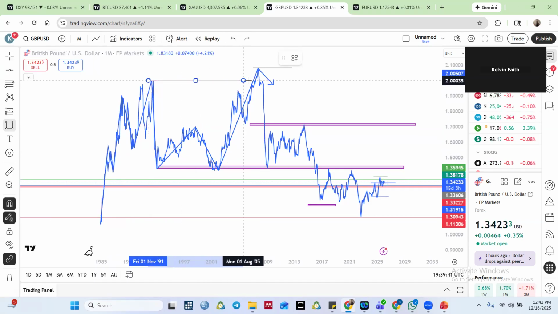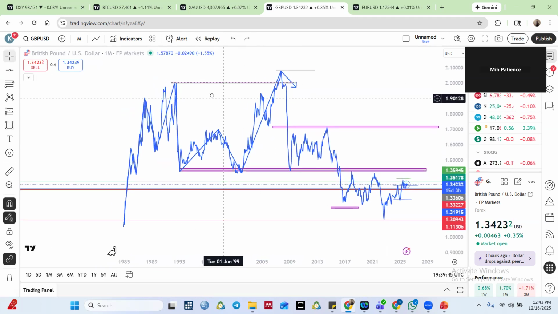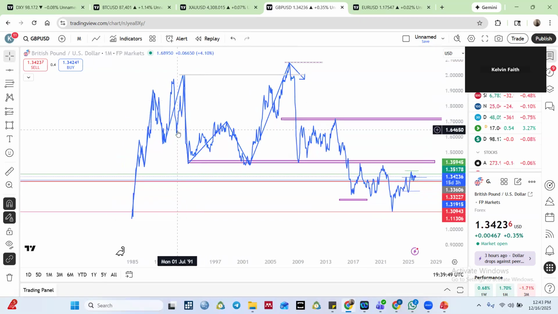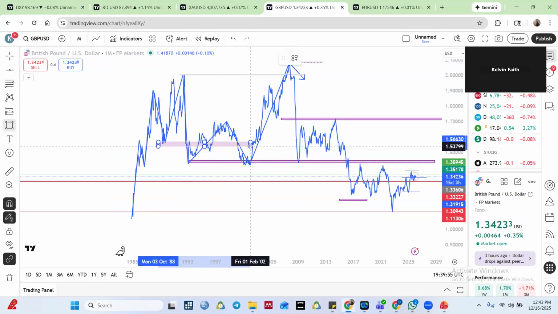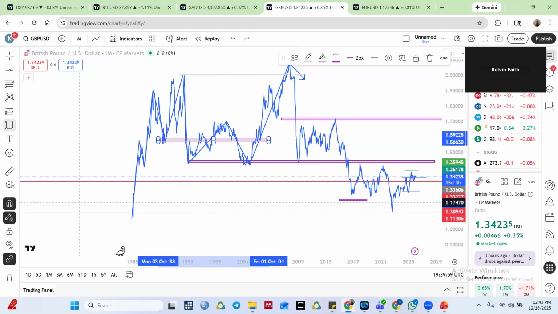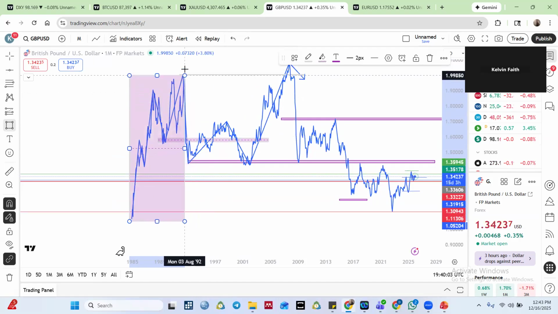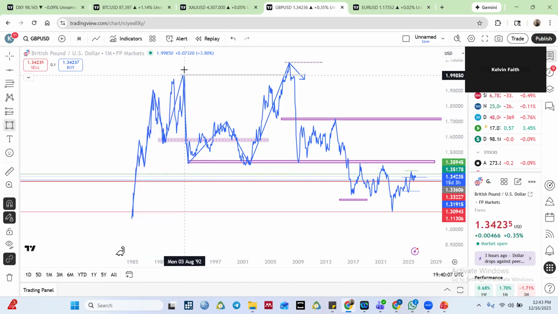Are you seeing that? Yes, sir. Good. It took out this point. So now we could say that because price took out these lows here, the pattern or the uptrend that was from here to this area here had been changed.